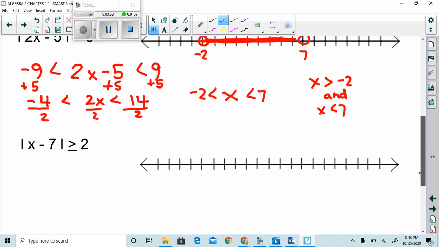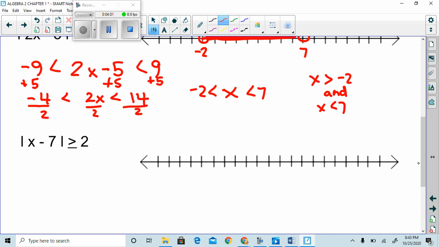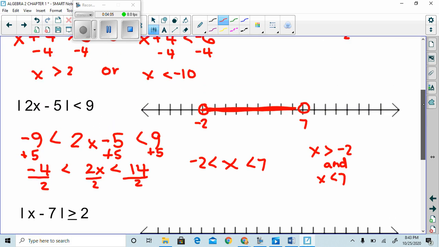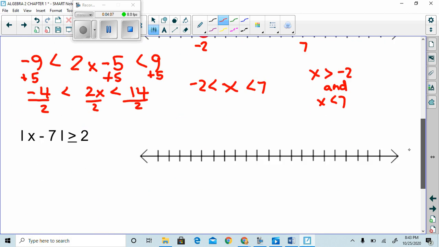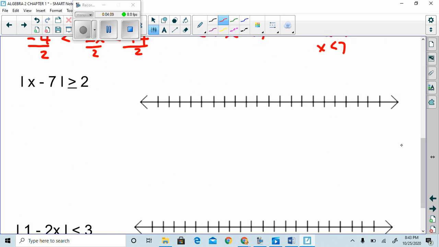Third problem. Absolute value of x minus 7 is greater than or equal to 2. Greater is an or. So I'm going to have my x minus 7 is greater than or equal to 2, or my x minus 7 is less than or equal to, reverse the symbol and change the sign.